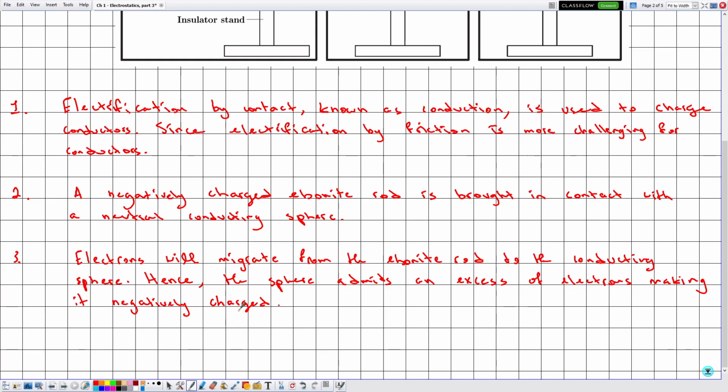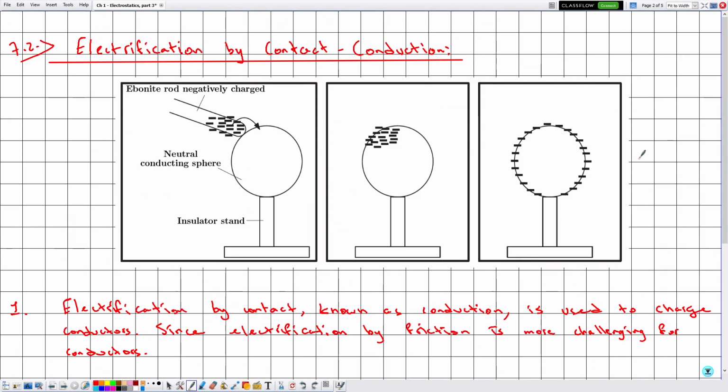Now let me mention the following important note. Previously, in the method of electrification by friction, I mentioned that if one of the bodies is positively charged, then the other body is directly negatively charged. Here, this is not exactly the same.